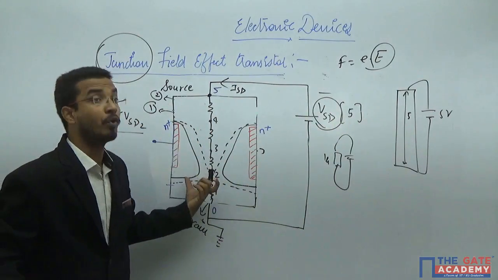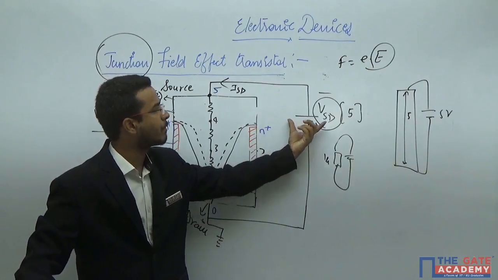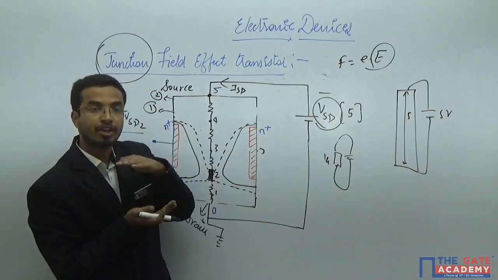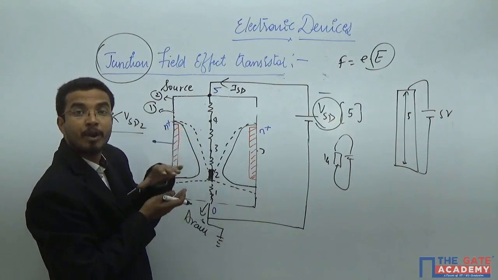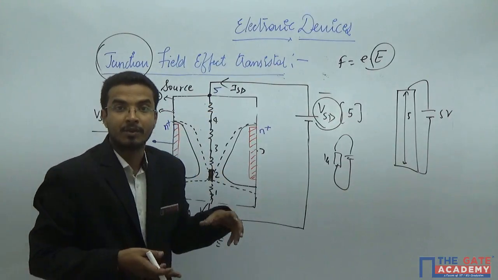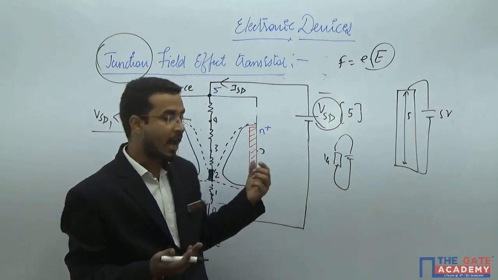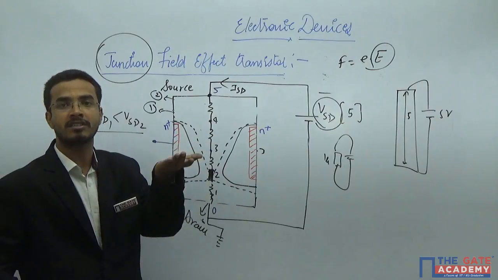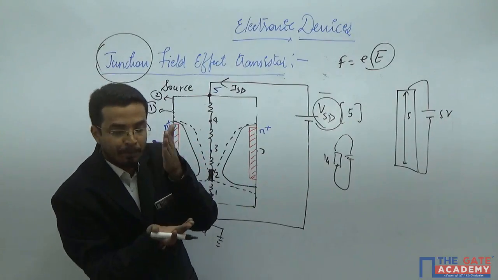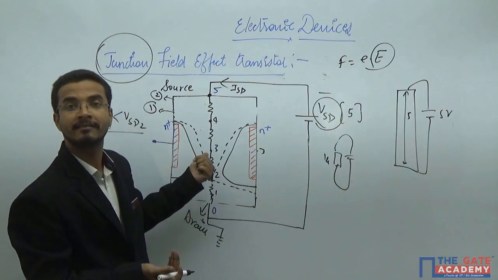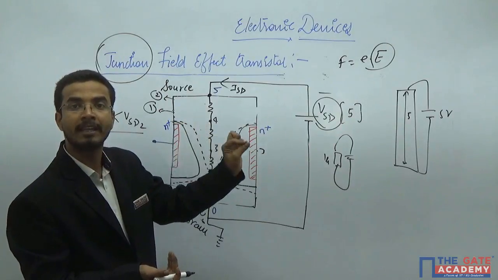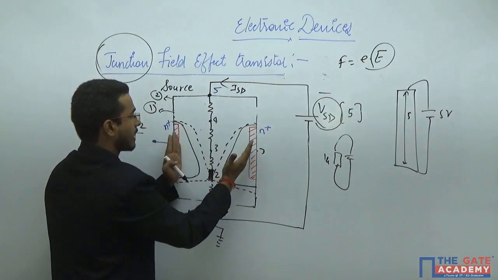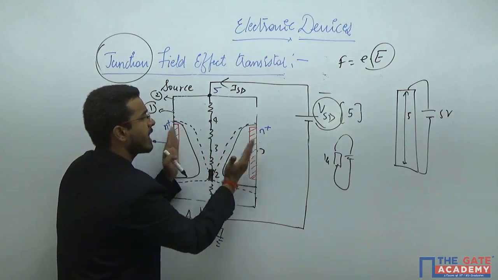Now come, before saturation what will happen? As you will keep on changing this, the depletion region will keep on changing, due to which the cross-sectional area of the device will keep on changing, due to which you are able to control the resistance of the device. But after pinch off, the current offered by the device will become constant. That is, below pinch off, the device will act as a voltage variable resistor, because as you will vary this, the cross-sectional area, that means the depletion region, can vary.